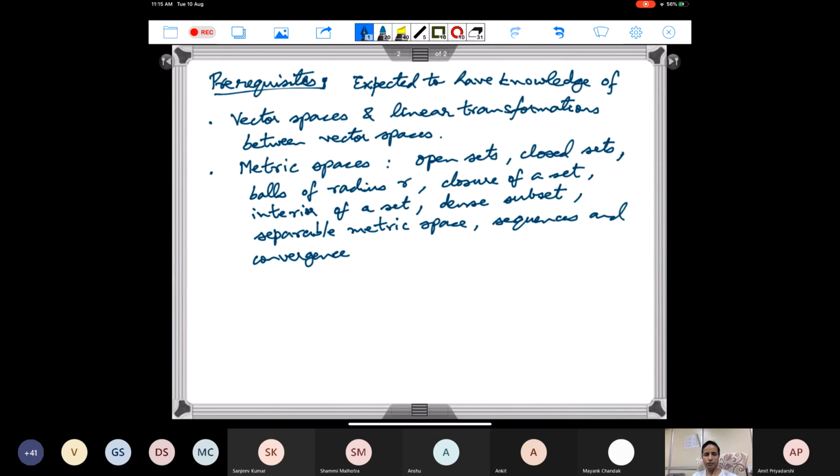So convergence of a sequence in a metric space, continuity, and compact set.